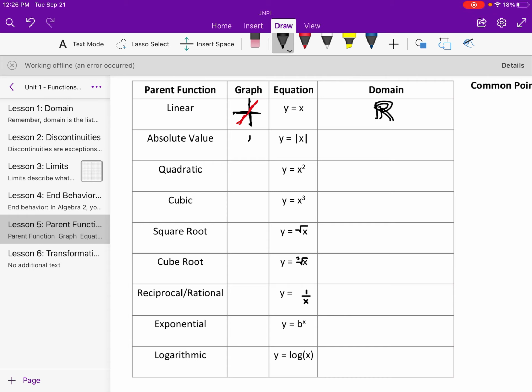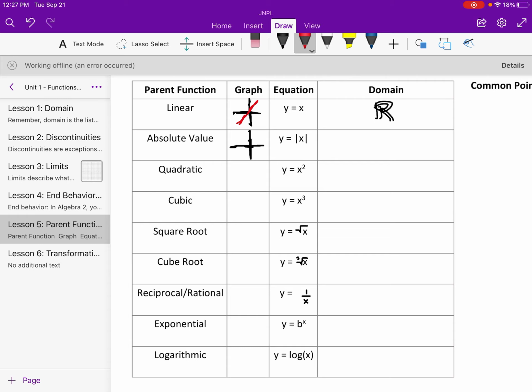Now for the absolute value one, technically I could put the range on here too, but I only put the domain. But it's good to know the range too, because for this one, the domain is all real numbers, but the range wouldn't be.